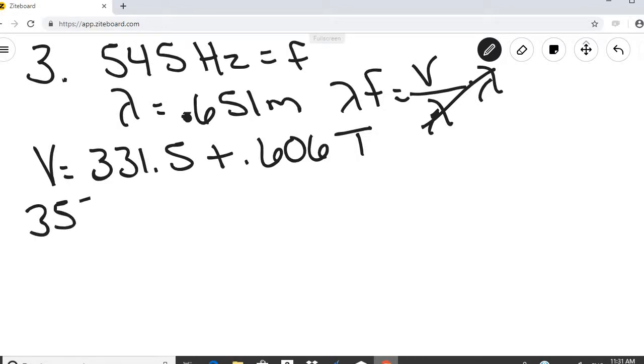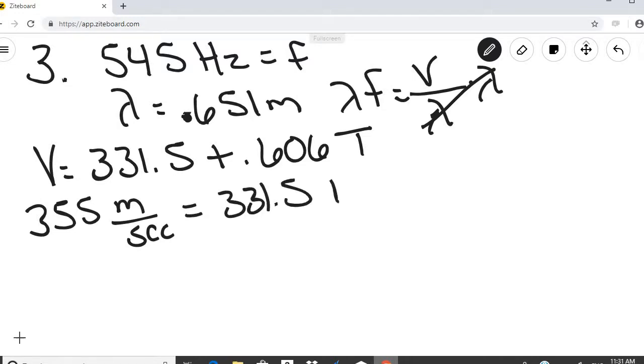Okay, so we know the velocity is 355. So 355 meters per second equals 331.5 plus 0.606 times t. Okay, so we're just going to solve now for t. So we'll subtract this from both sides and divide both sides by that.